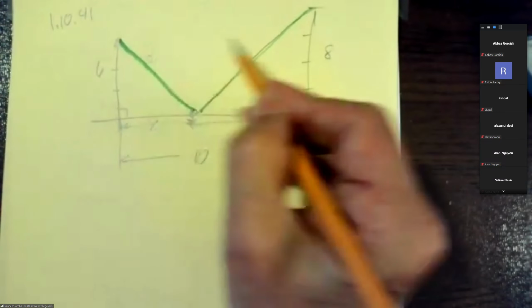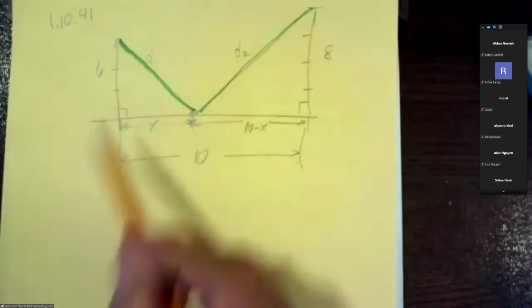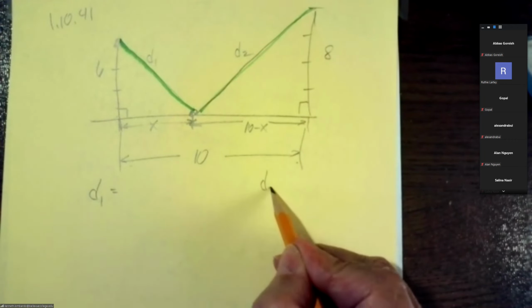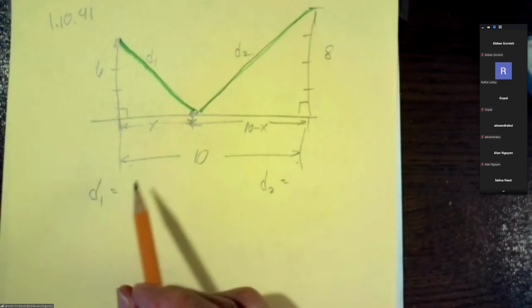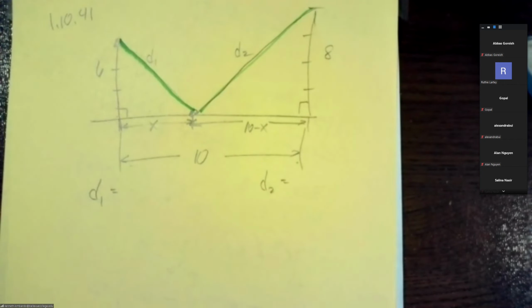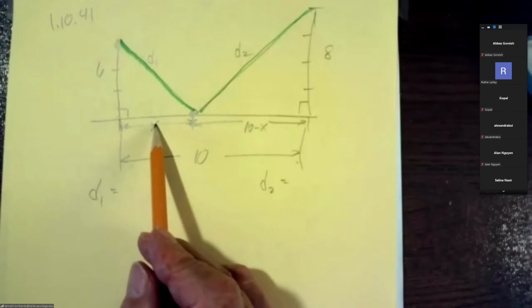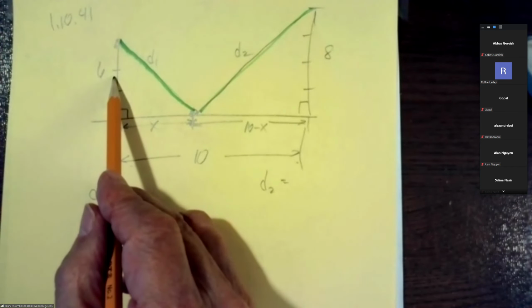What is this distance right here? I'll call it D1 and this D2. So D1 equals what? Isn't it the square root of this square plus this square? Pythagorean theorem.